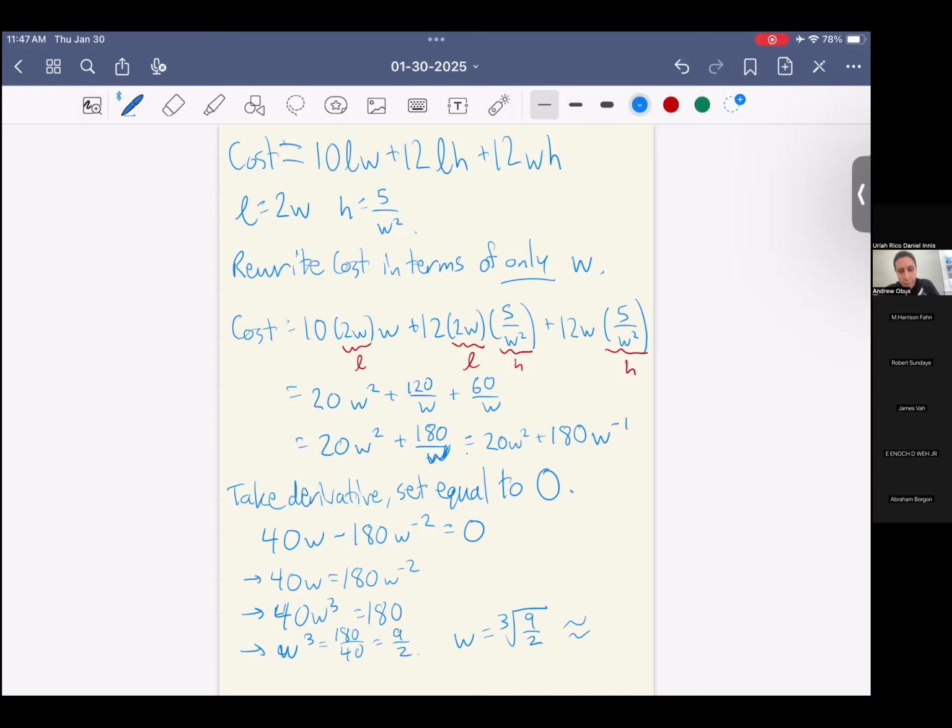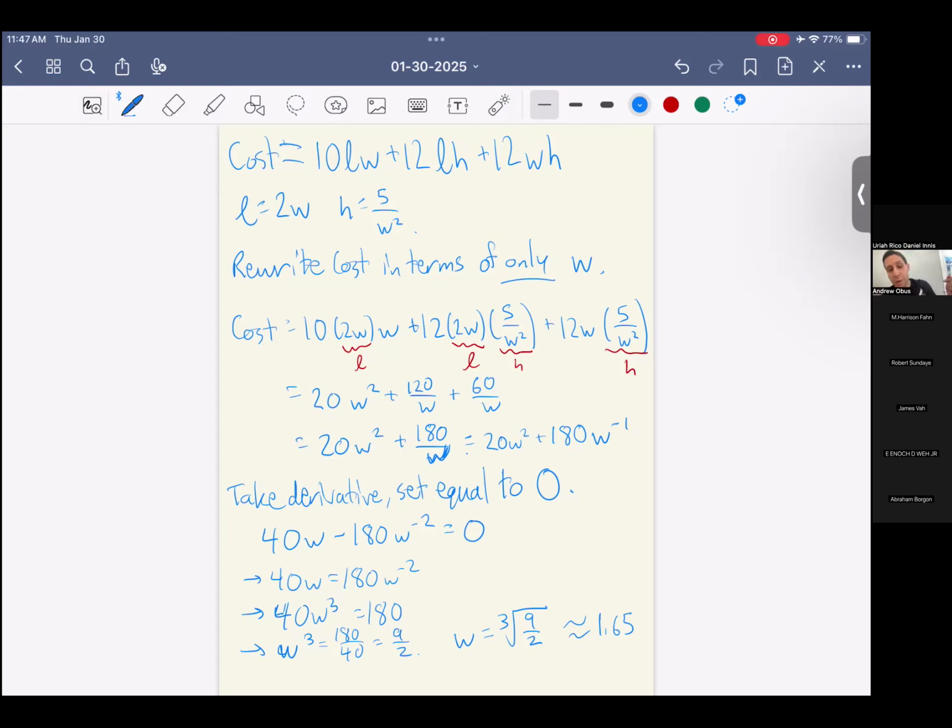So 4.5 raised to the 1/3 should be about 1.65. So this is the width.